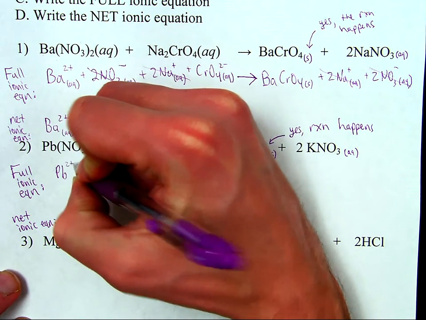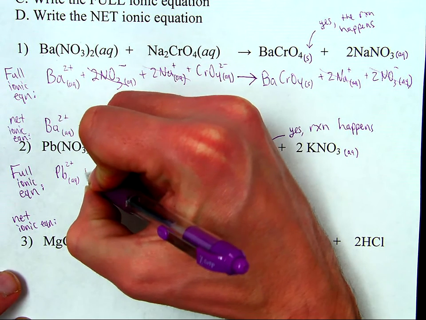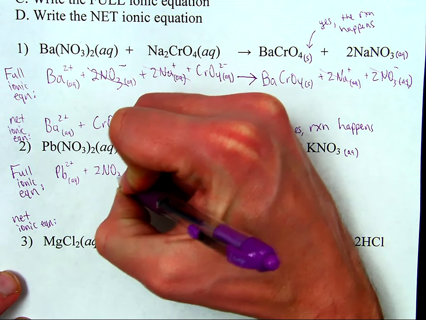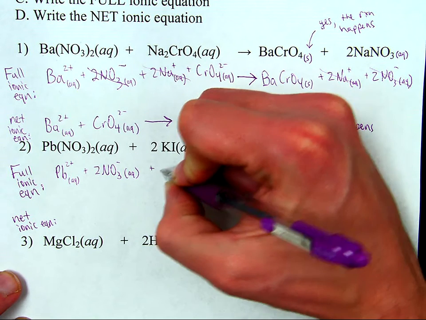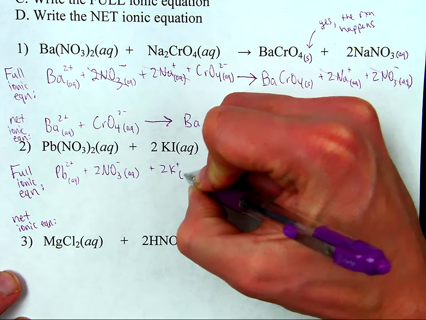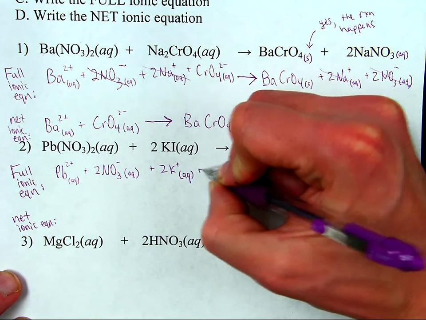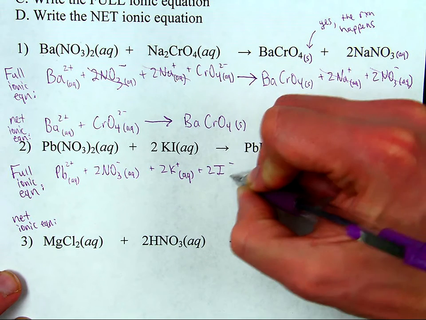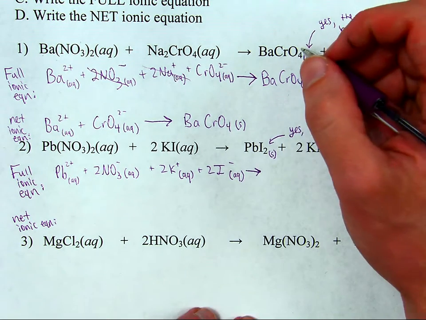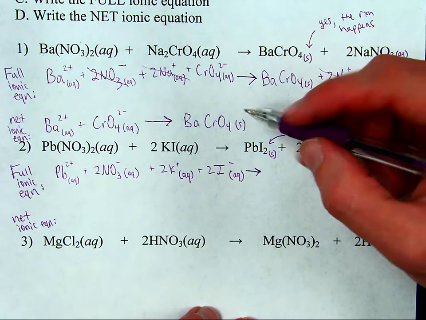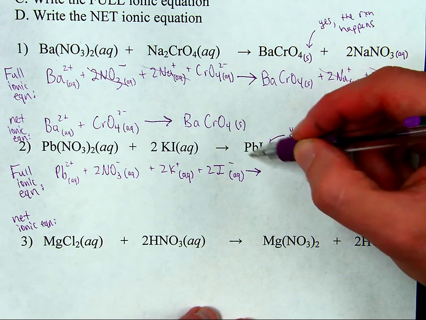Lead, 2 plus charge, aqueous, plus 2 nitrates, aqueous, plus 2 potassiums, aqueous, plus 2 iodides, aqueous. And all that mixed together is going to make a solid lead iodide.